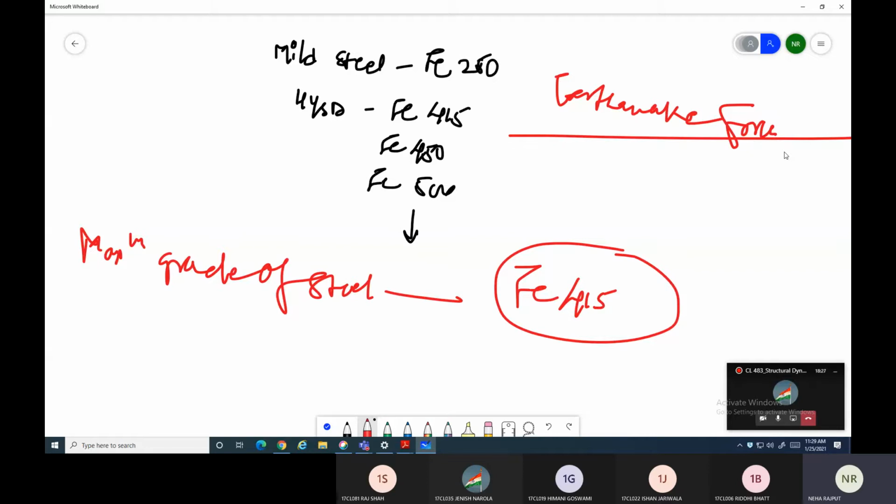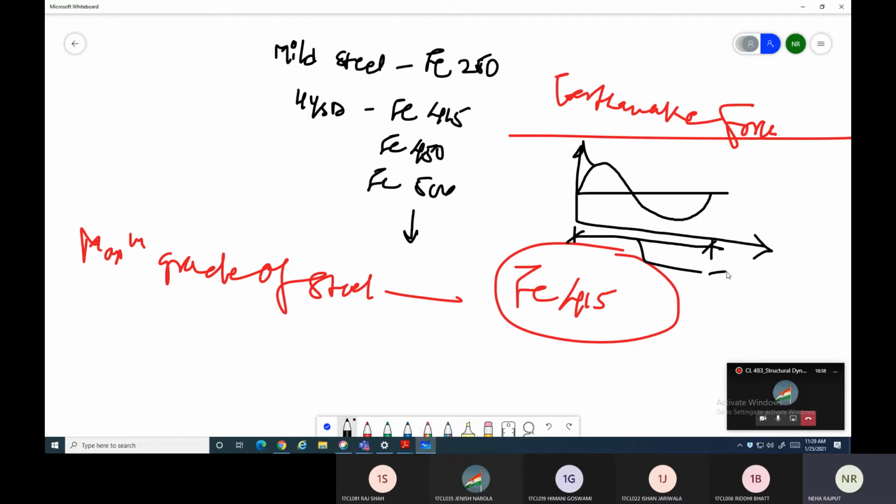And when the structure starts oscillating during the earthquake, then the structure again comes back to its own position.